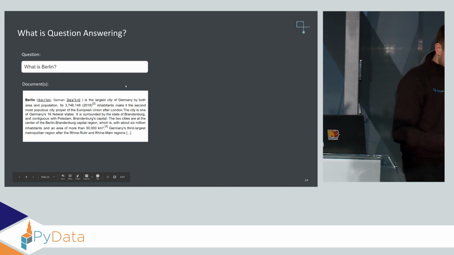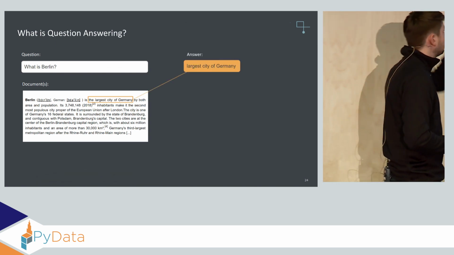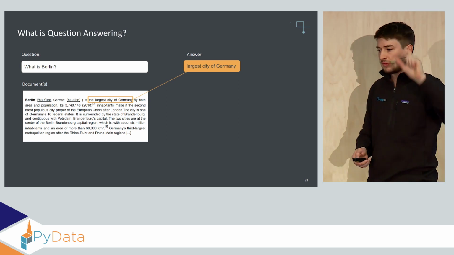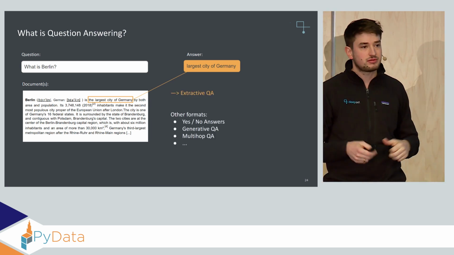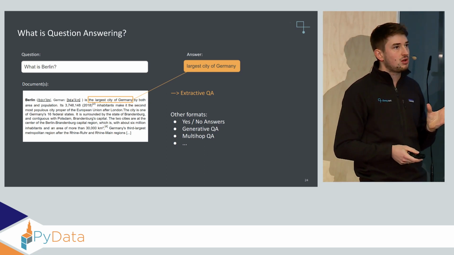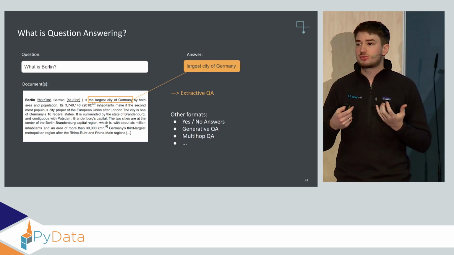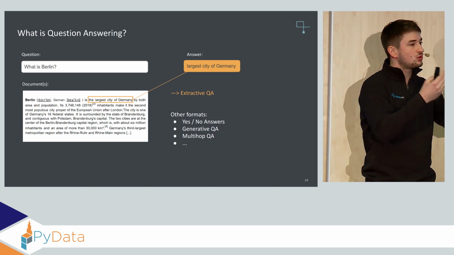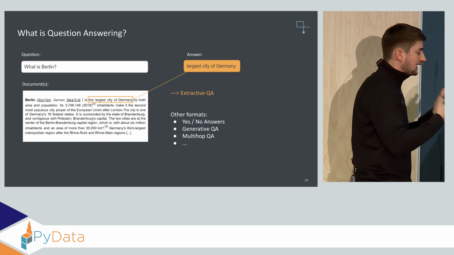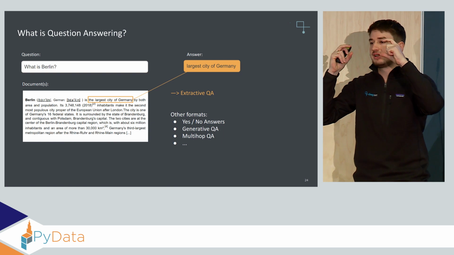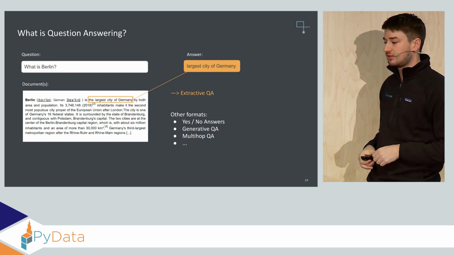So to summarize, what is question answering? Basically, question, passage, and you extract an answer out of that. That's what we call extractive question answering. There are also other variants that are quite interesting right now, where you, for example, want binary answers, yes or no, or you want to generate answers, so you don't need to have the answers written in the text itself.